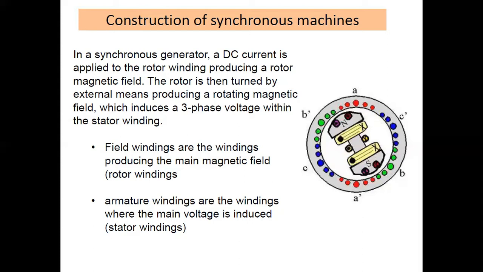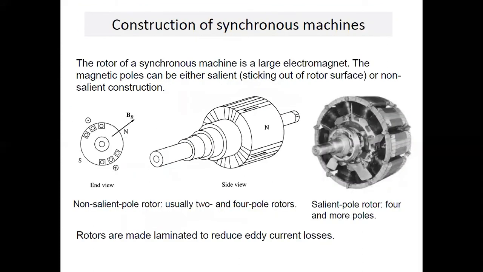Let us move ahead and see the construction of synchronous machine. As I said, we have two basic parts, rotor and stator. In the rotor, especially in the synchronous generator, we have two types: non-salient pole type and salient pole type.